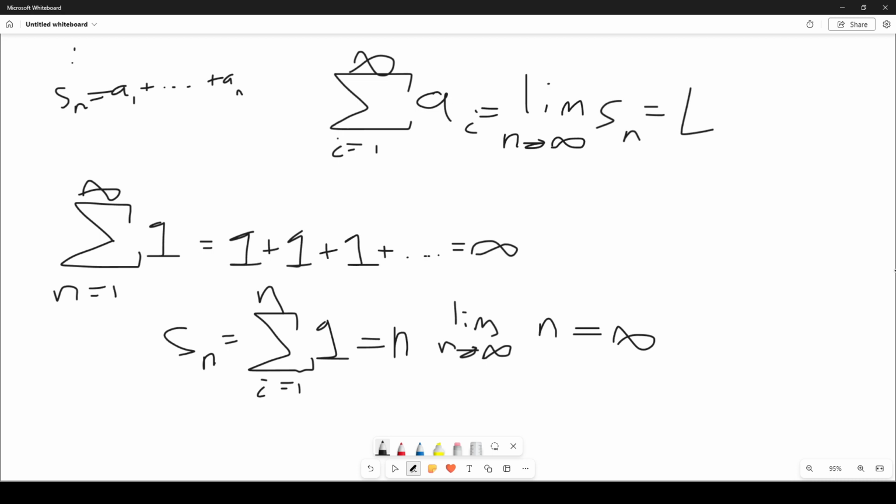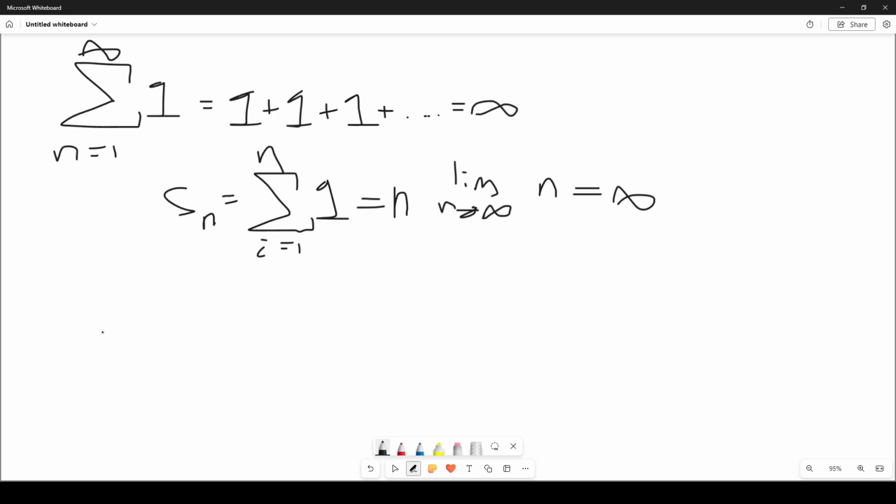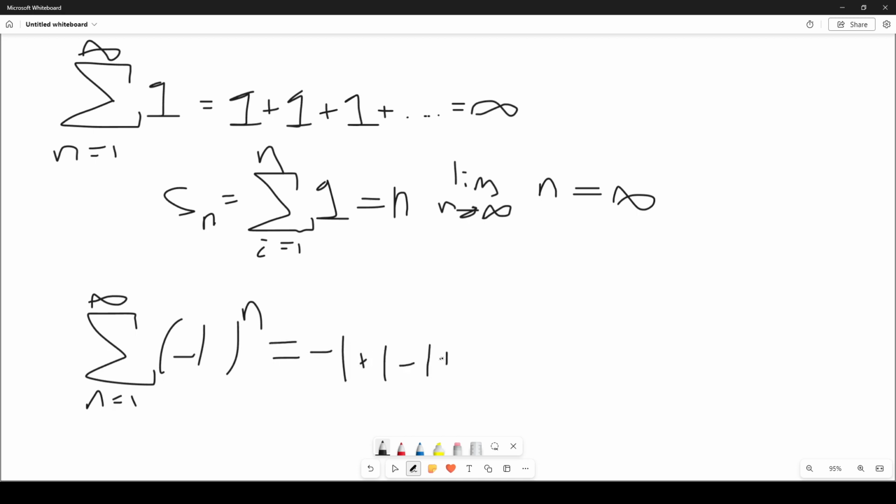Things get a little bit more complicated when we consider something that's pretty similar, I would say, the sum from n equals 1 to infinity of negative 1 to the n. This is equal to negative 1 plus 1 minus 1 plus 1 minus 1 plus forever, right? Now the problem is, you might say, oh, it's like 0 or 1, right? Well, the problem is we can never really tell which one it is. If we take the limit, it doesn't converge to anything.